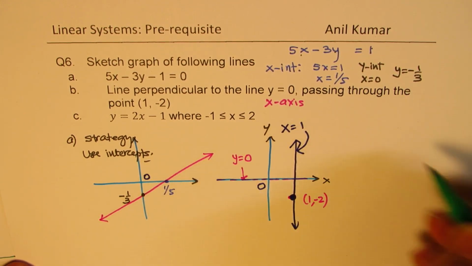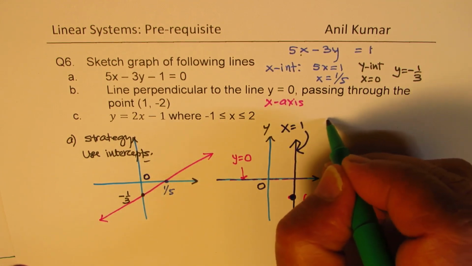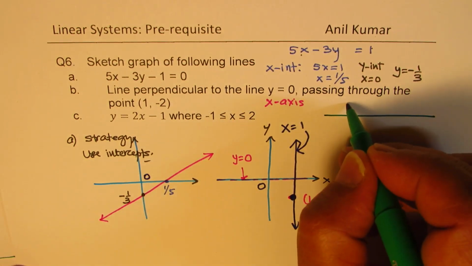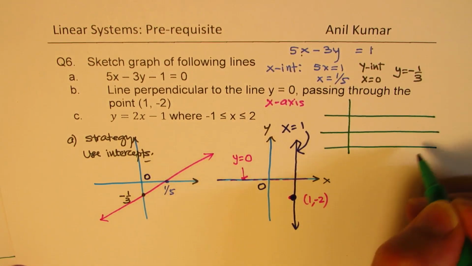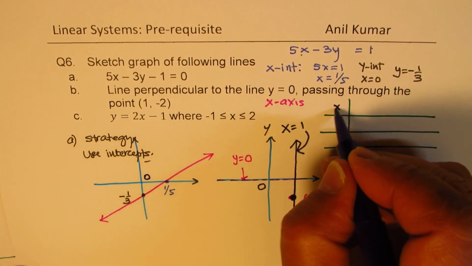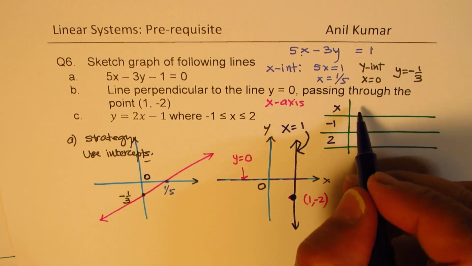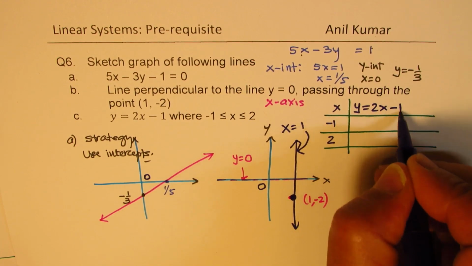In our limited space, we'll take some values and calculate. We'll take x values as minus 1 and 2. These are the two boundaries, and calculate y, which is equal to 2x minus 1.